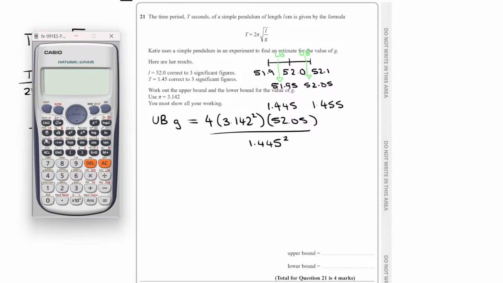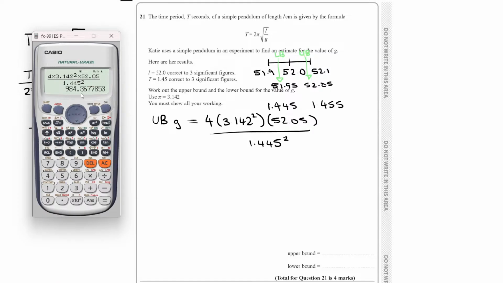So 4 times 3.142, don't forget to square it, times 52.05 over 1.445, and then also don't forget to square that one.